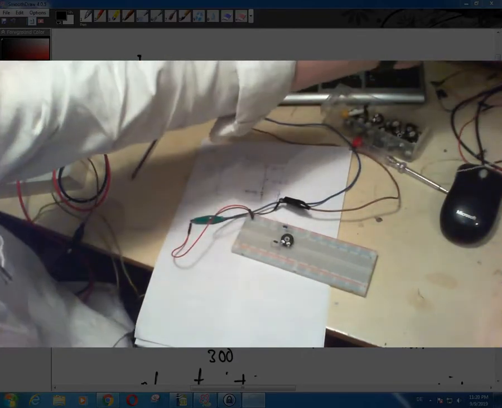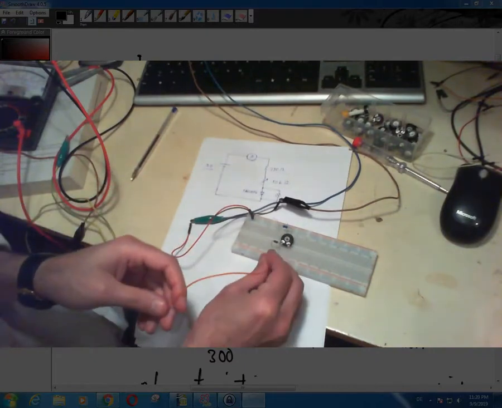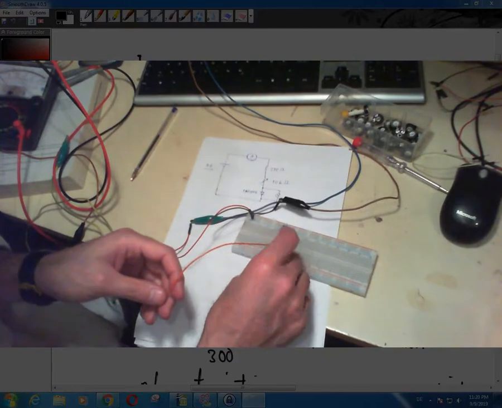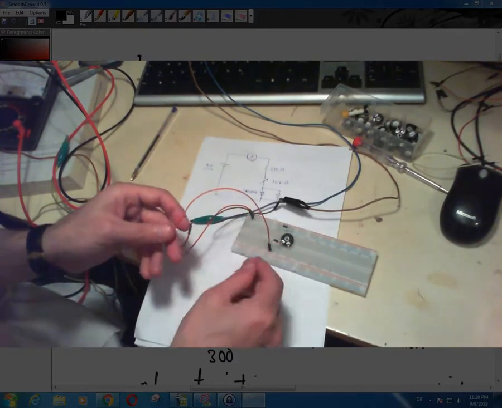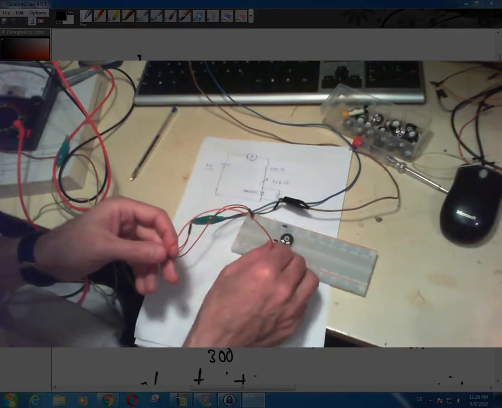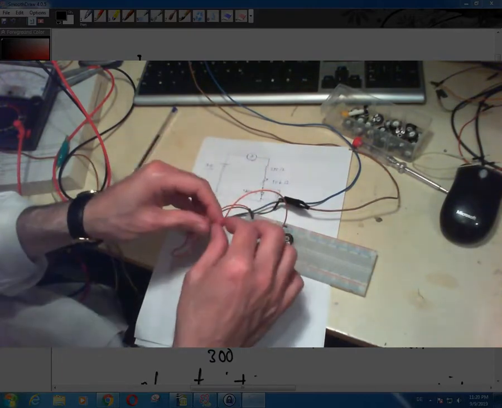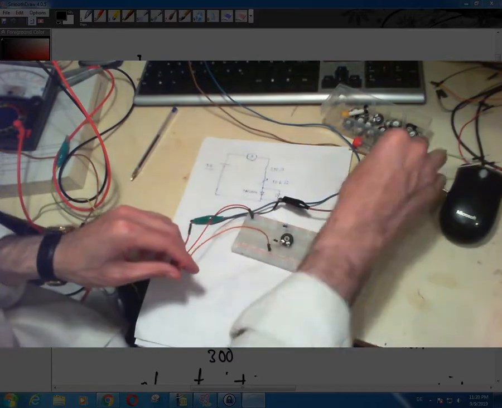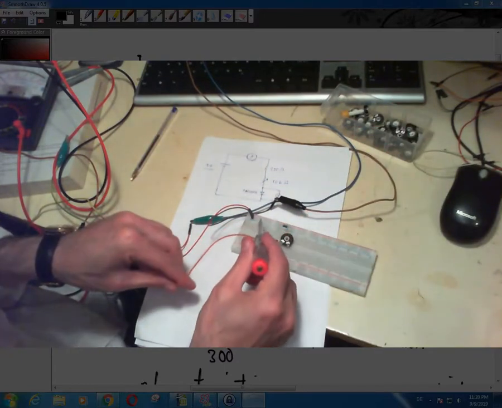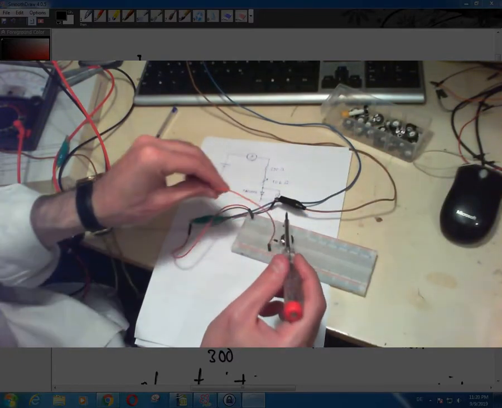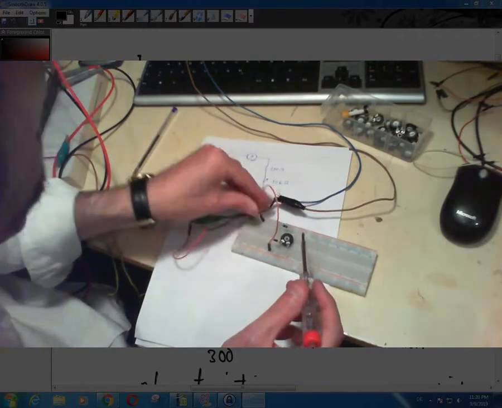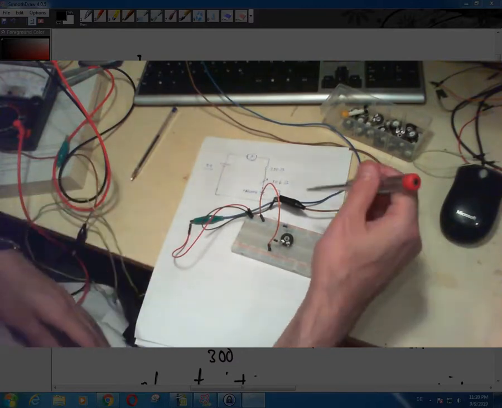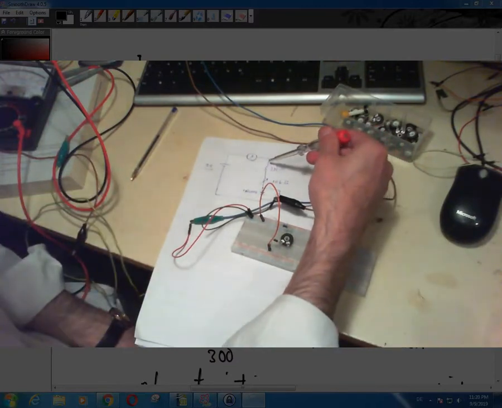The cathode of the diode is right over here. So I connect the wire to any hole on this column, and then connect it to negative here. Basically any hole on the negative bus will do. That is that.